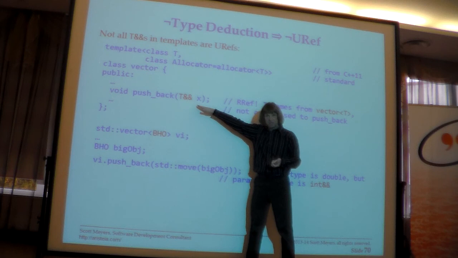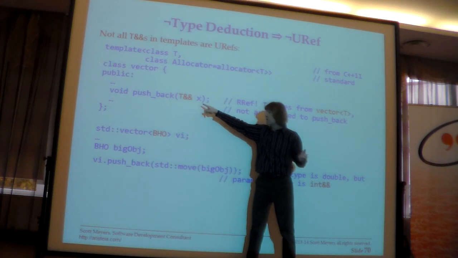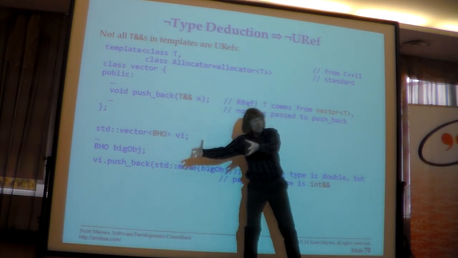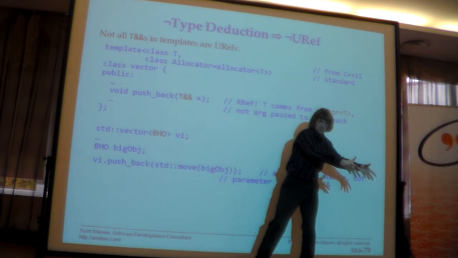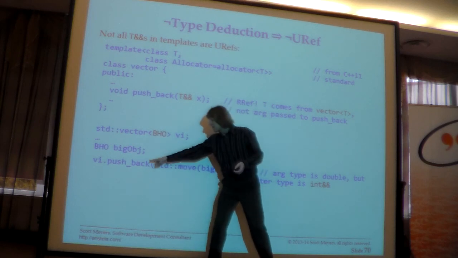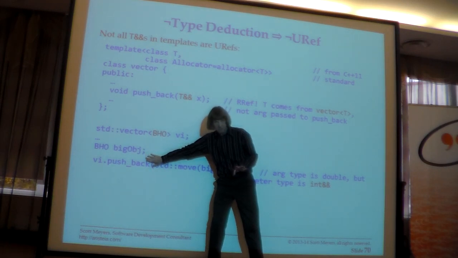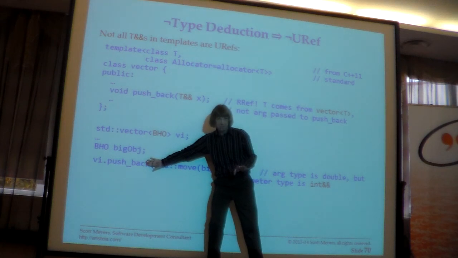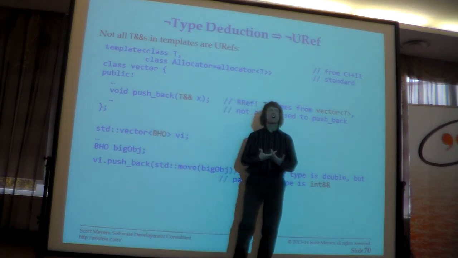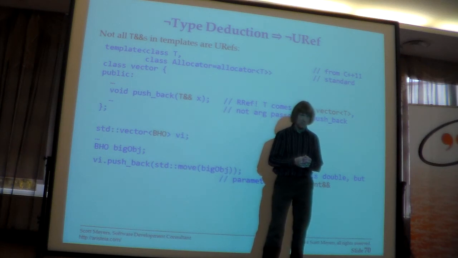That binds the reference here. So far, no object has been created. There are no temporaries at this point. Inside push_back, it will then move the big honkin' object into the vector, and this reference will then be unbound. At the end of this statement, this object, bigObj, continues to exist. It has not been destroyed. However, it has been moved from. So push_back does not inherently destroy anything. It depends on what's passed to it.